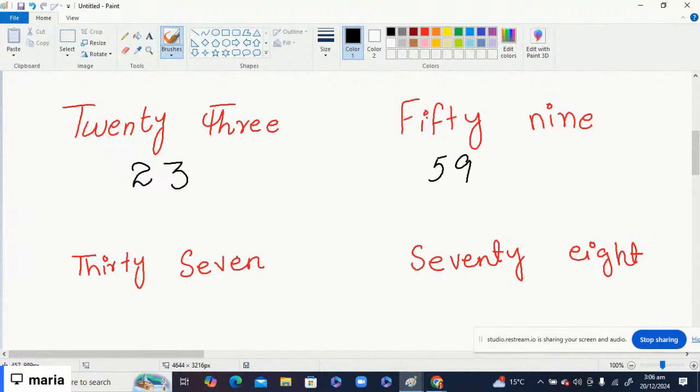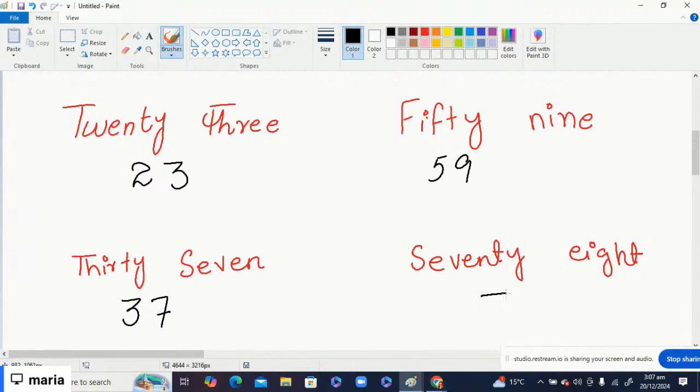So that becomes 37. Okay, and what is the answer of this one? That becomes 78.